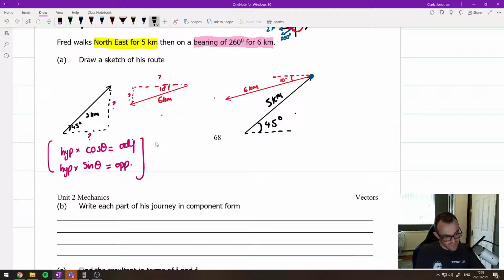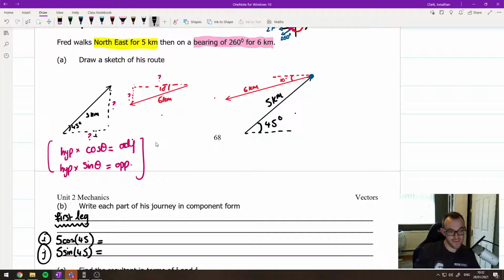The first leg of Fred's journey, he went 5 kilometers northeast. So in terms of breaking that down into a horizontal and vertical, if I do 5 times cos 45, that will give me the adjacent, which is the I bit down here. And if I do 5 sine 45, that will give me the j component.